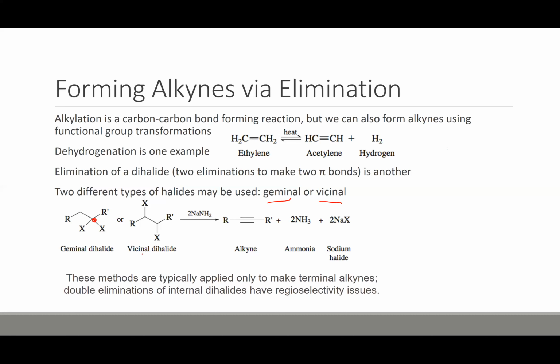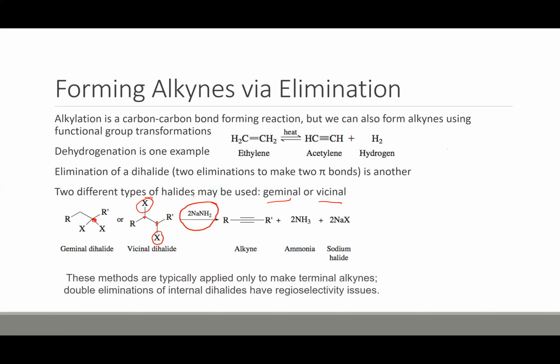Or you can have them as vicinal, where they are in a 1,2 position, so they're along the two carbons that will eventually make the triple bond. Both of these will result in a triple bond when reacted with a strong base.